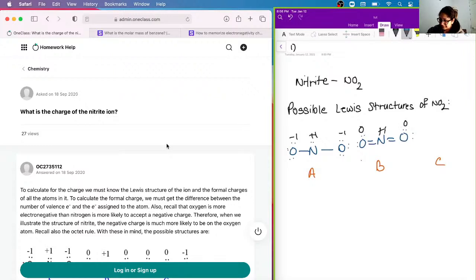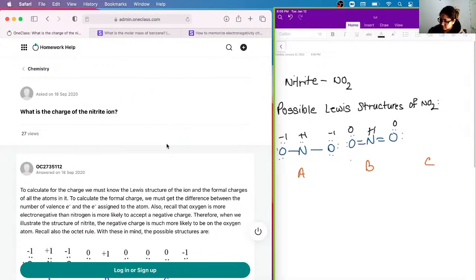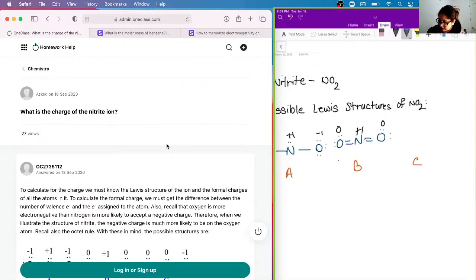So our next possible structure would be, we have nitrogen single bonded with an oxygen, and on this side we have another double bonded oxygen. Okay, so in this case, let's give out the lone pairs. Nitrogen would have a pair of lone pairs, and then oxygen will have 3 on this end and 2 on this end.